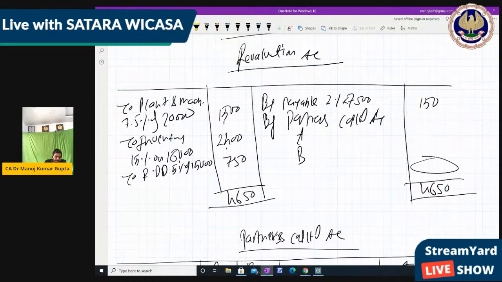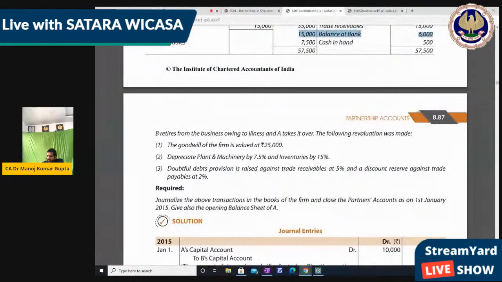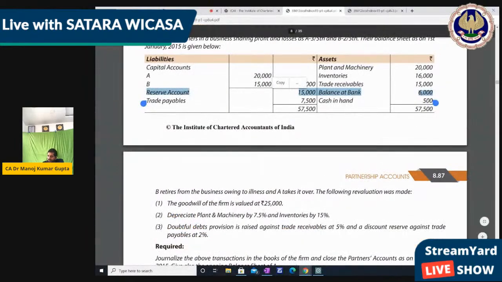Less 150, 4,500. Right? It will be distributed in 3:2. That is their profit sharing ratio.